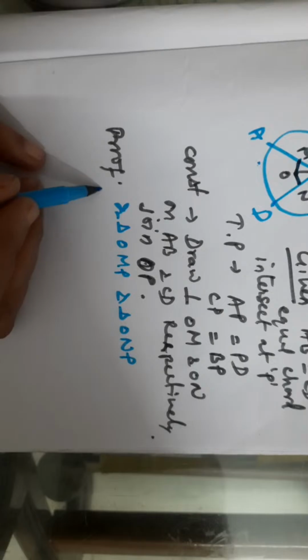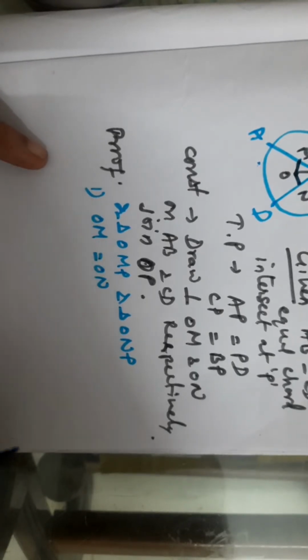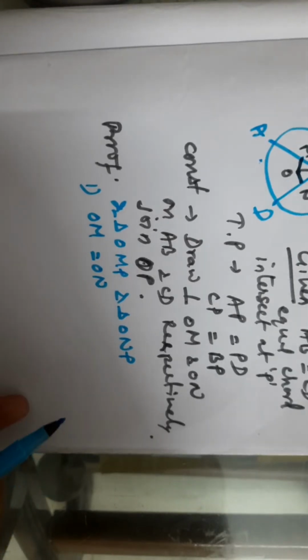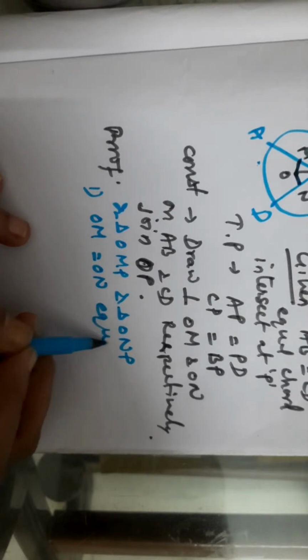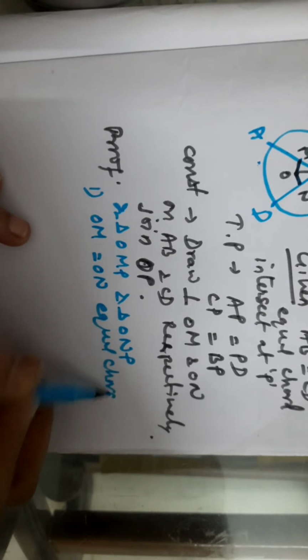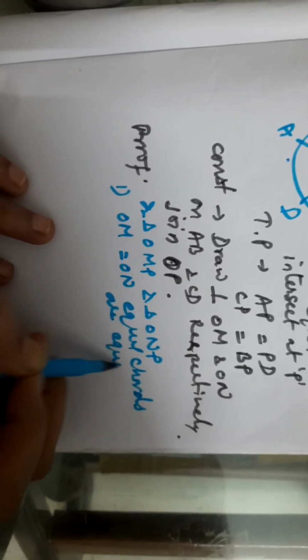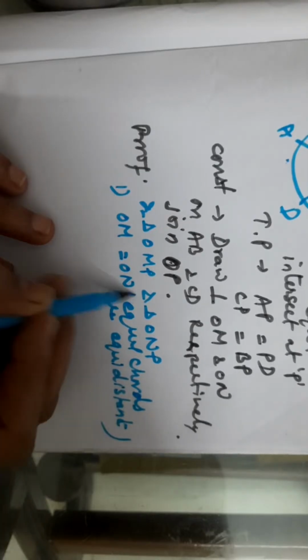The first point, OM is equal to ON. This is one of the important properties of the circle: equal chords are equidistant from the center. That is, the distance is equal.